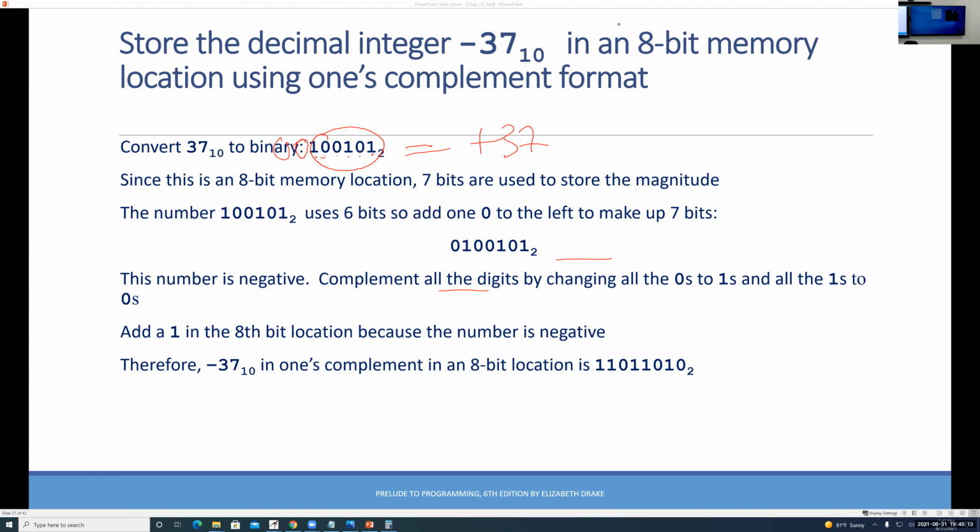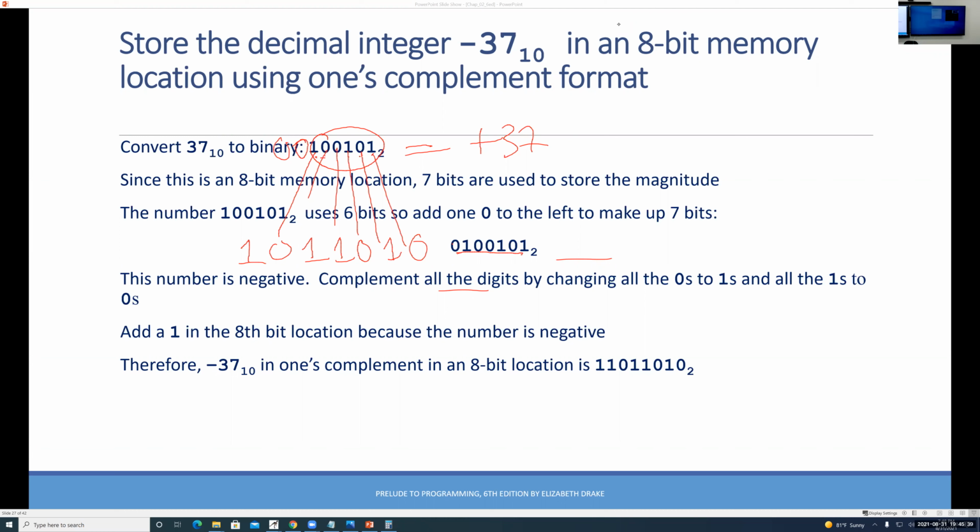As you see, you flip this one, 0. Flip this one, you have 1 here. You flip this one, you have 1 here. You flip this one, you have 0. And this one, you have 1. And this one, you have 0 here. You have to flip it. Okay. Sorry. For this one, you have to insert the number 0 here to make it up 7-bit, right? So now you flip it. Everything you have number 0 here, you have number 1. Right?